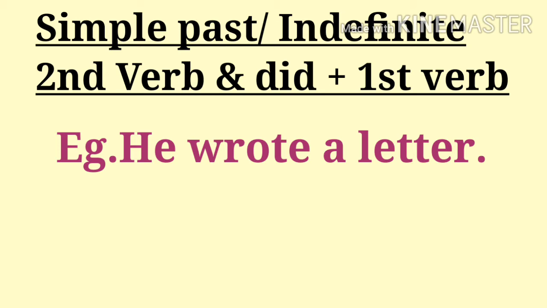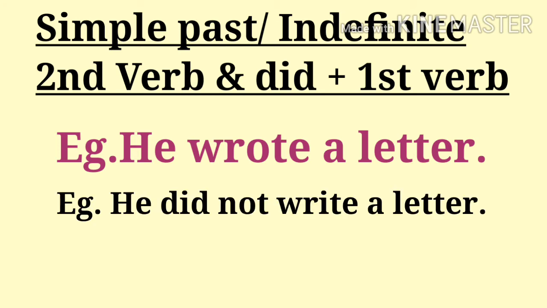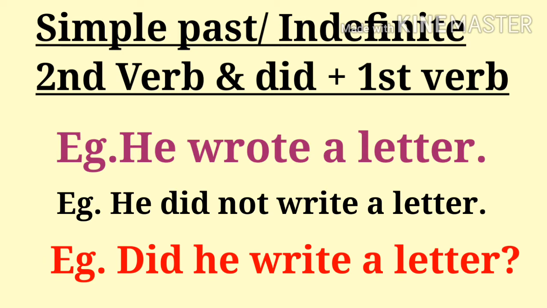Negative sentence: he did not write a letter, and sentence structure is subject plus did not plus first verb and object. Interrogative sentence: did he write a letter? Sentence structure is helping verb did plus subject, first verb and object.